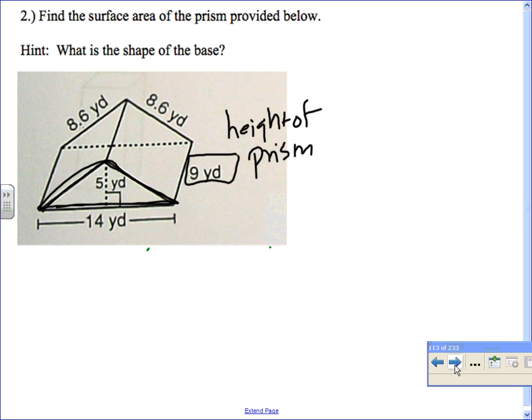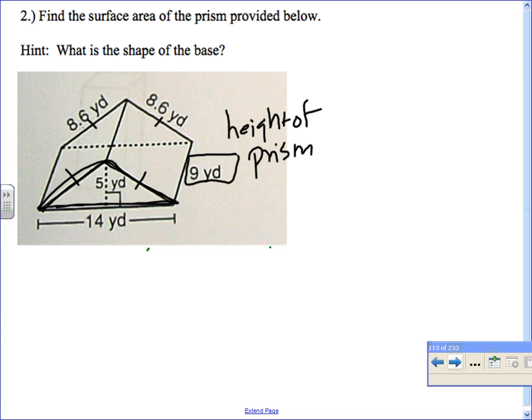Look, guys, this 14 is the base of the base of the prism. This is the height of the base of the prism. This 8.6 right here, these are congruent. So to find perimeter, you would use this, this, and this. Remember, the bases are parallel, and they're always congruent.